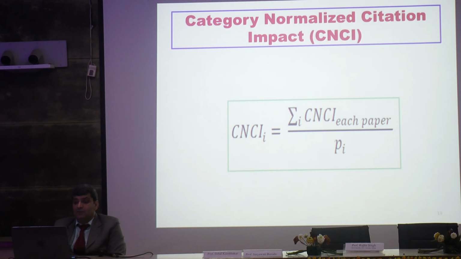There are many such observations regarding social sciences. So this is a comparison within a category, within a particular subject, category normalized. We compare a management student with a management student, rather than a management student with physics or mathematics students. This is category normalized citation impact, by which two different disciplines become comparable.